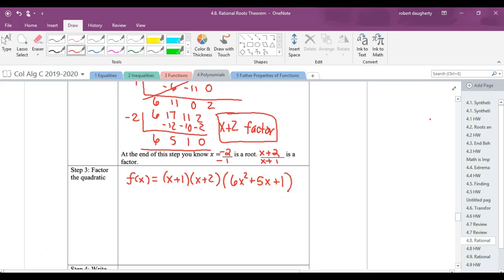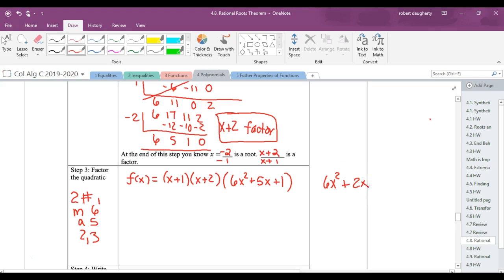Now what must I do? You must factor the quadratic. So to do that, you need to find two numbers that do what? Yeah, multiply to 6 and add to 5. What numbers will do that? Yeah, 2 and 3. So that means I've got 6x squared.